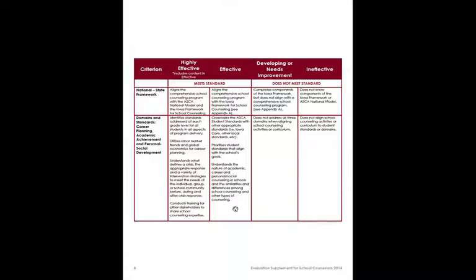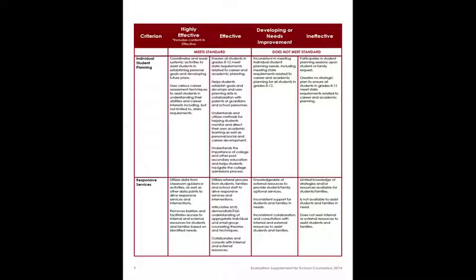And then if we move on to individual student planning, we know that a lot of times we think about that in terms of career planning or academic planning. And so it's really easy to say, oh, well, that's just done at the high school. But some of that is also done at the elementary level. Very little, but there is some.